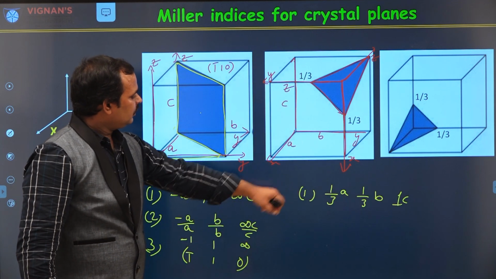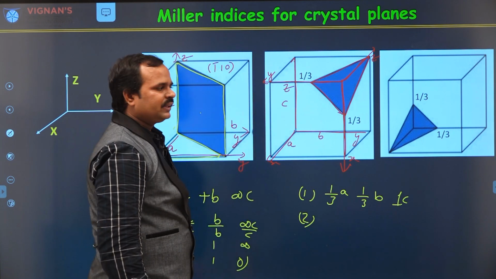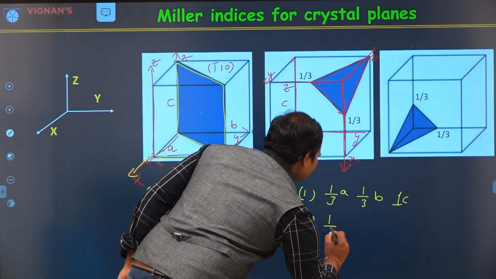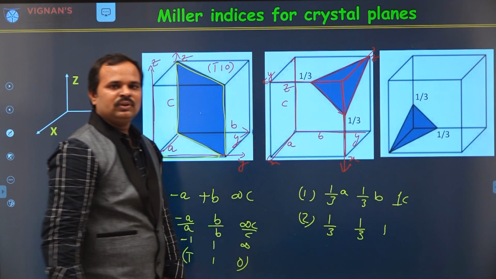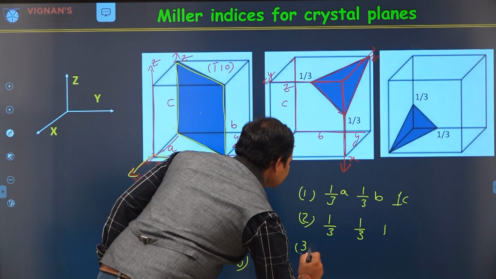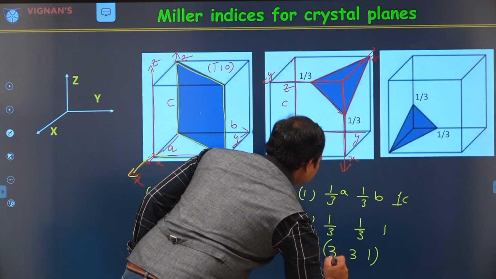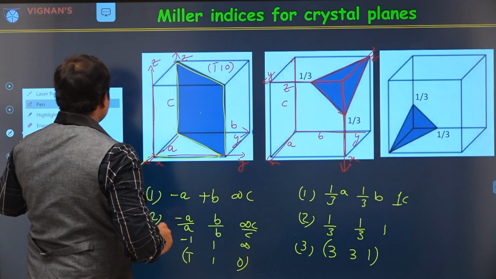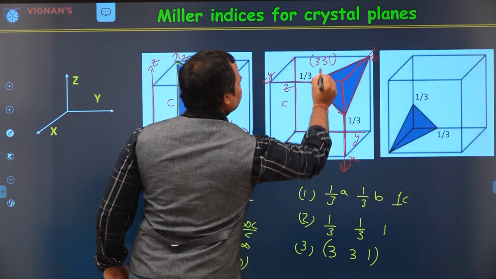Now let's divide these by the lattice parameters: 1/3, 1/3, 1. Next, reciprocate them to find the Miller indices. When you reciprocate, you get 3, 3, 1. So the Miller indices for this particular plane is 3, 3, 1.